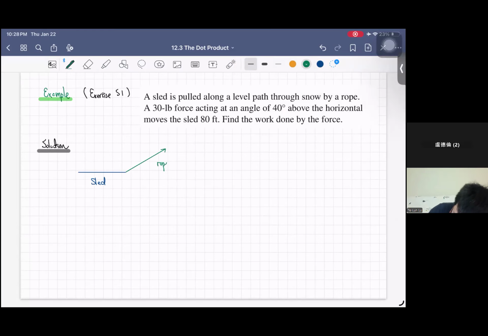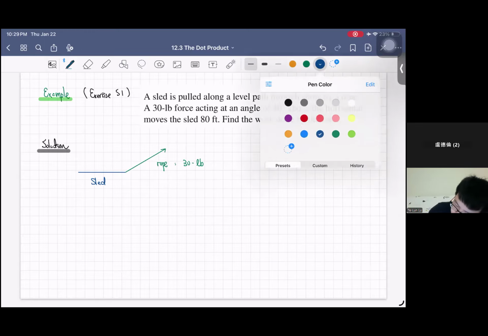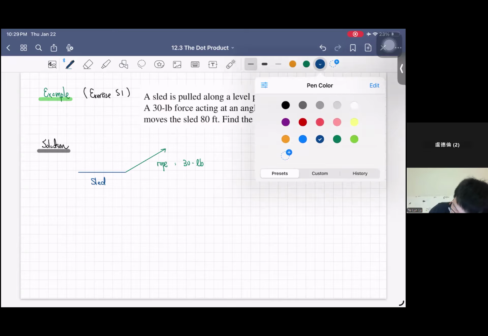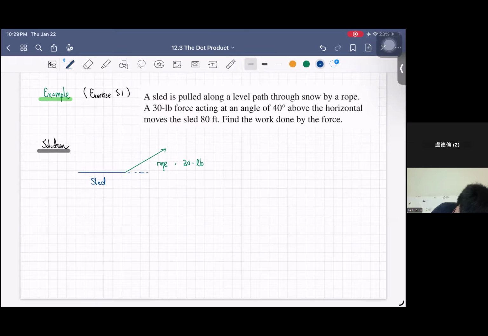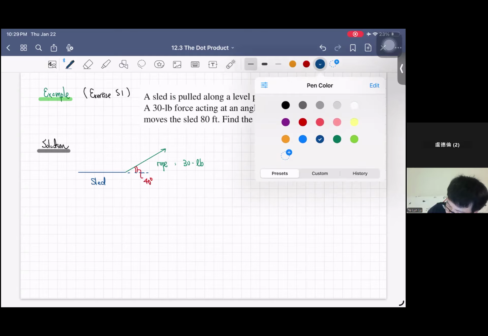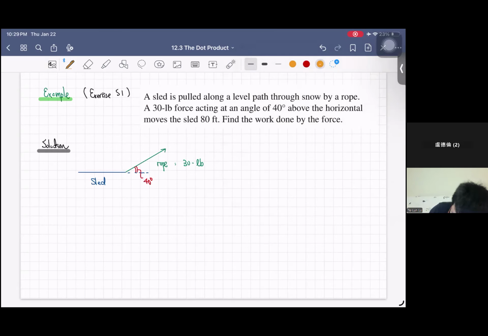This is the rope, and it is acting with a force of 30 pounds at an angle of 40 degrees. Let me draw this here. This angle is 40 degrees. And we have moved it horizontally for 80 feet.